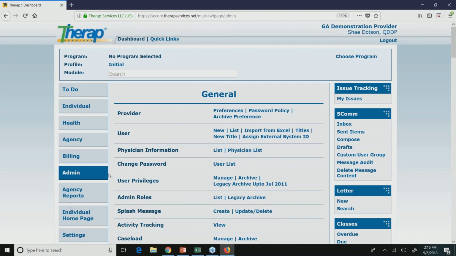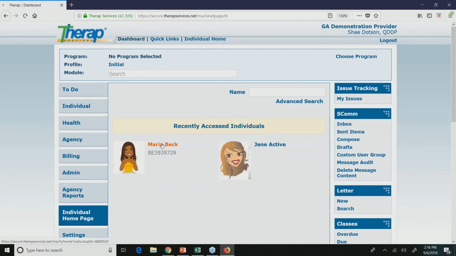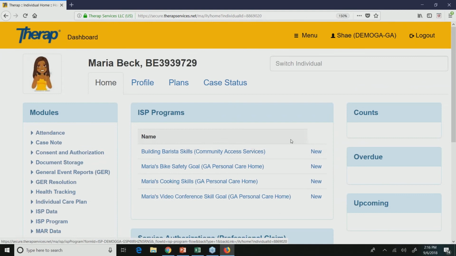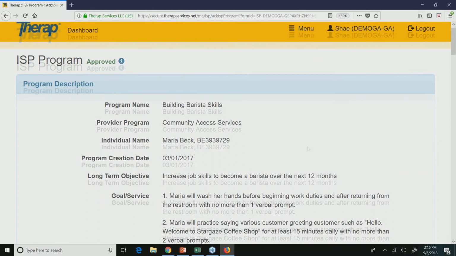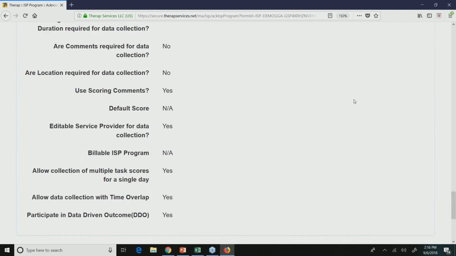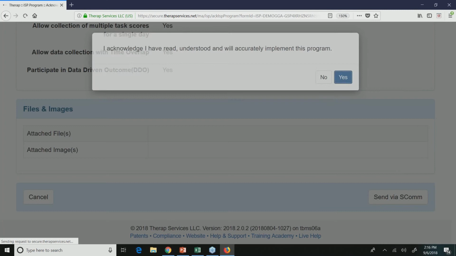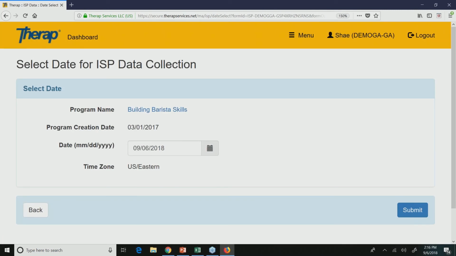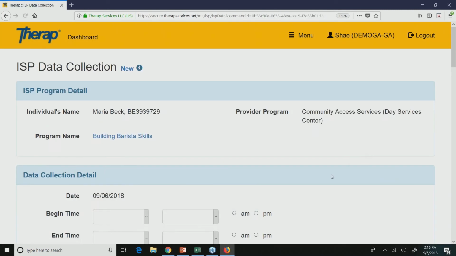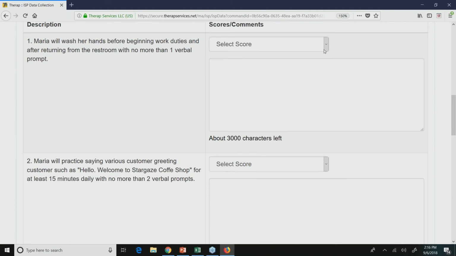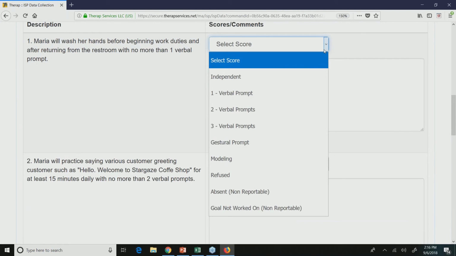All right, so if staff are in and they are working on a particular goal for an individual, when they go in and they're looking at that information, they are going to see a certain scoring method. So when they come into this drop-down menu, nothing for them is going to change.